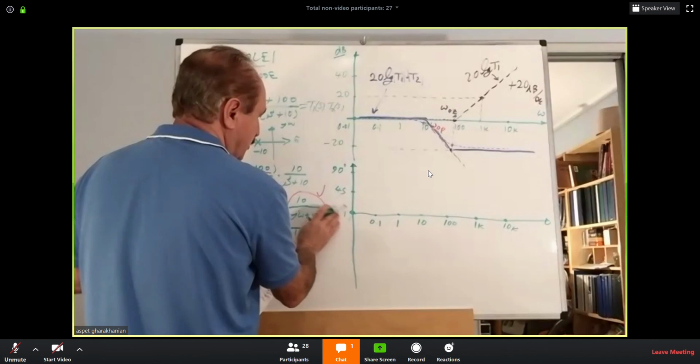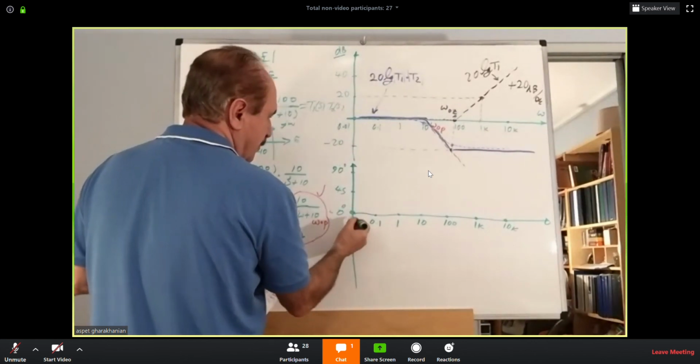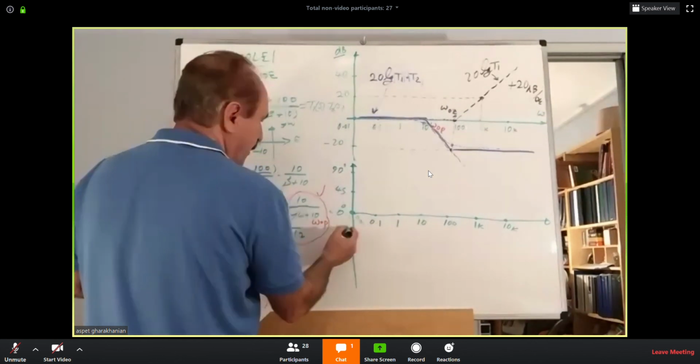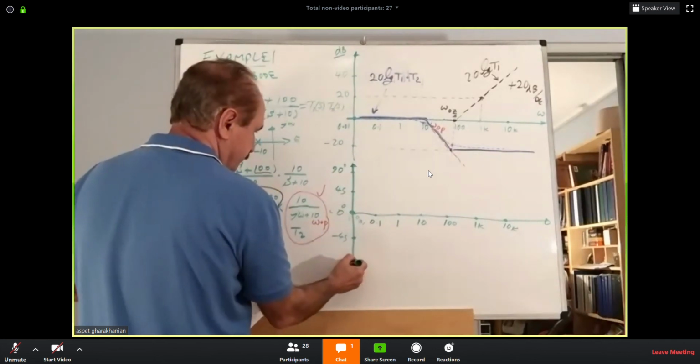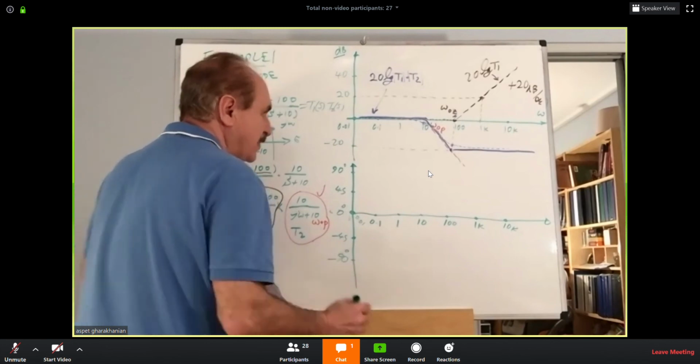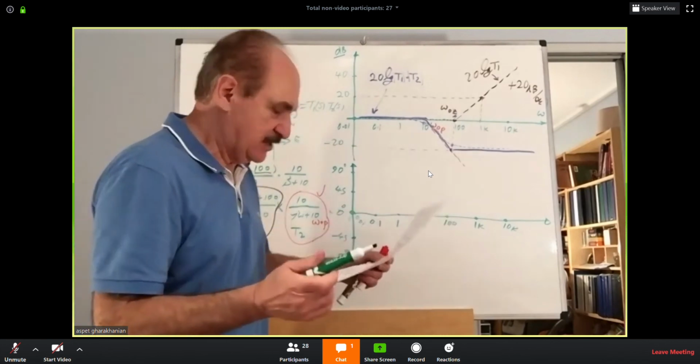That says 0 degrees. Remember, this was a 0.01. And that is a -45, minus 90 degrees. Now we need to construct the phase angles.